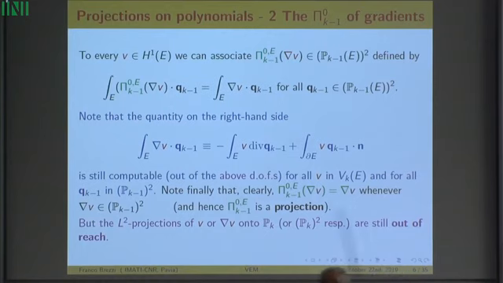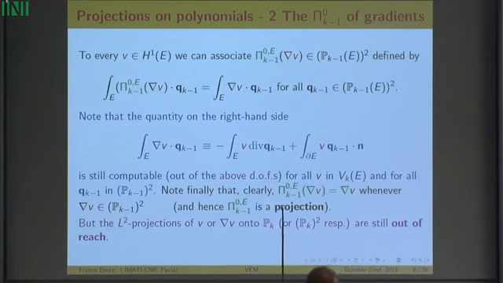So just an H1 semi-norm projection is good, but not totally good, and the same for the gradient of V. If you want, you have the L2 projection of the gradient of V on P k minus 1.